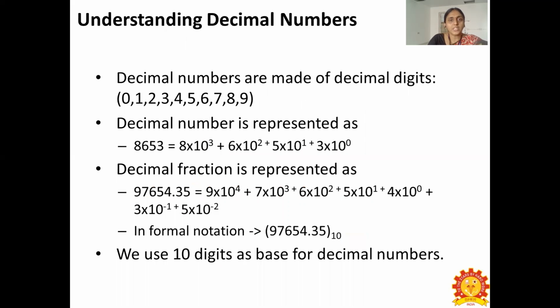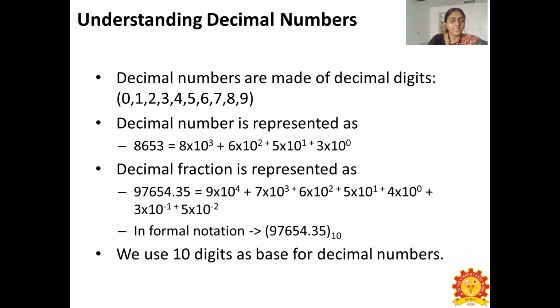And now first we will see about decimal number system. So decimal numbers are made up of decimal digits which range from 0, 1, 2, 3 up to 9. And an example is given of how to represent the decimal number 8653.